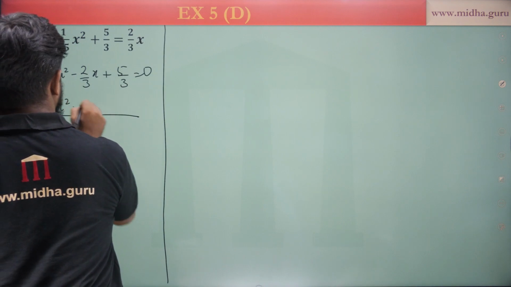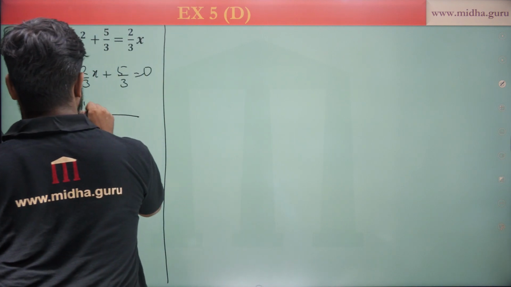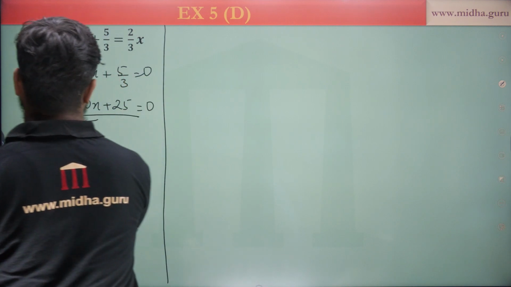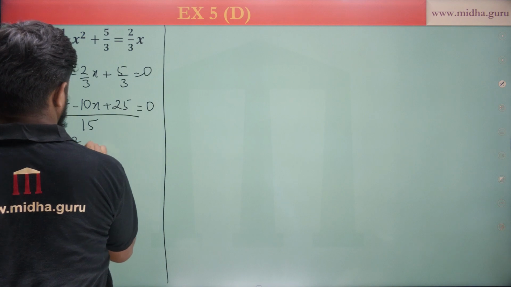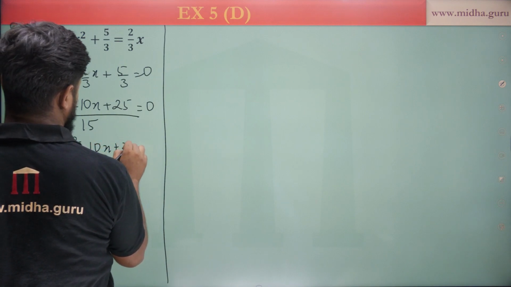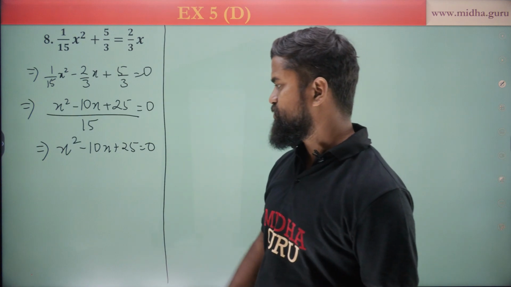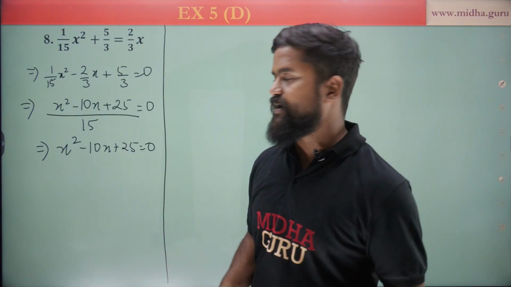So x squared, now 3 into 5, which means 2 also has to be multiplied by 5, so 10x, and 5 into 5 will be 25, is equal to 0. So x squared minus 10x plus 25 is equal to 0. Now the equation is in the standard form.